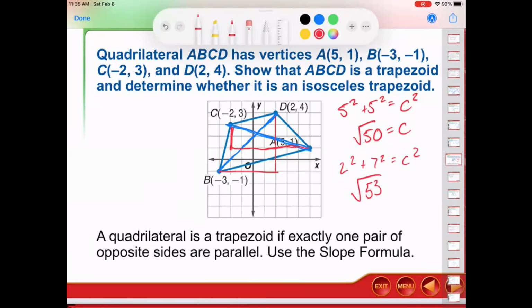Uh-oh. It's not looking like it's going to be isosceles, but just for good measure, we'll take a look real quick at the old GeoGebra.